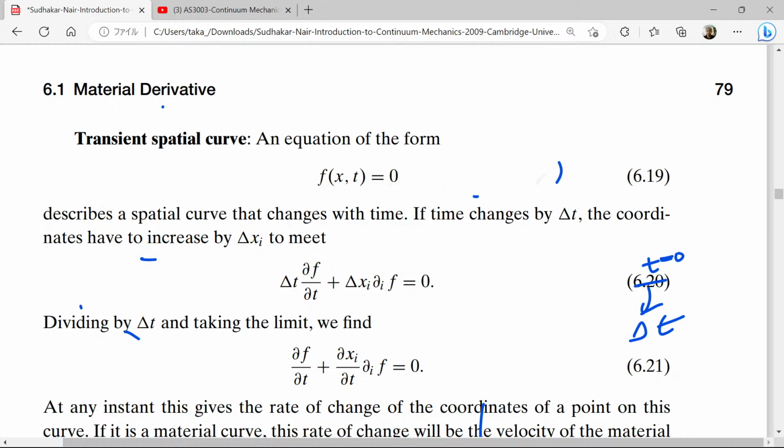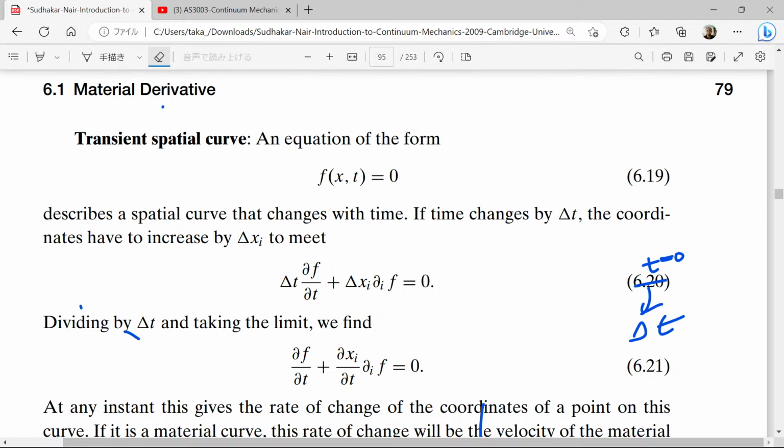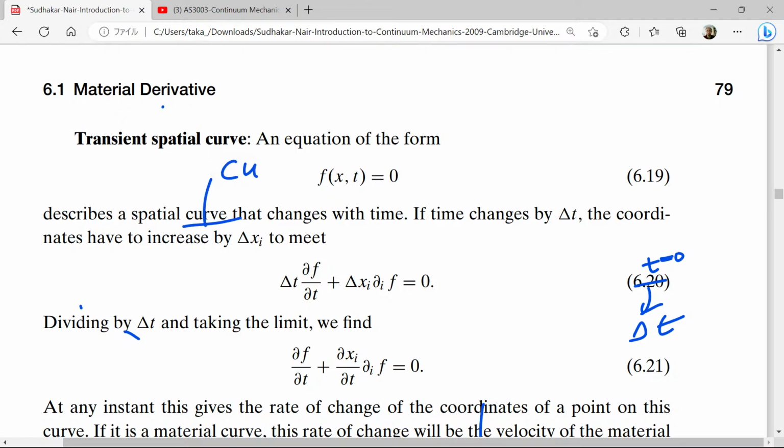This is like a spatial surface, I think we can say this is like a curved surface. Okay, so this equation form describes the curved surface changing with time, right?